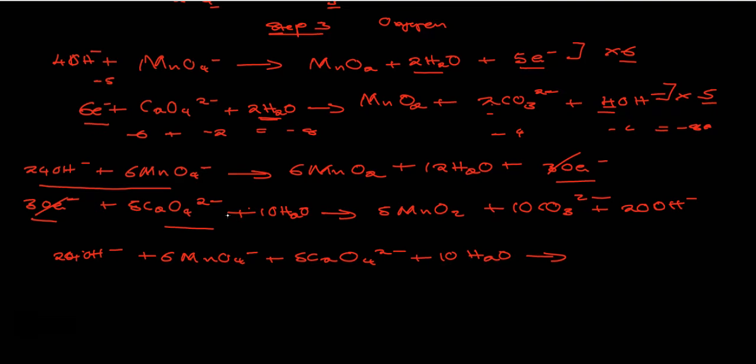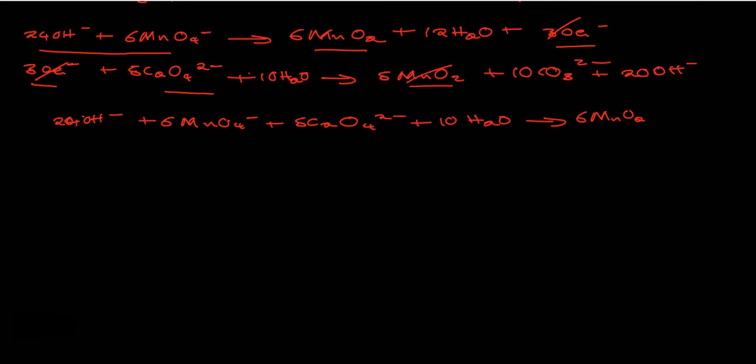We have 6. Now you can see this and this are one and the same. So what we can do, we can just say 6 plus 5. It is actually 11.